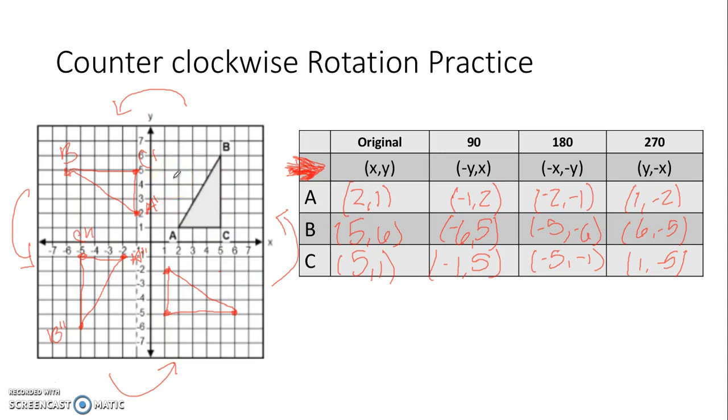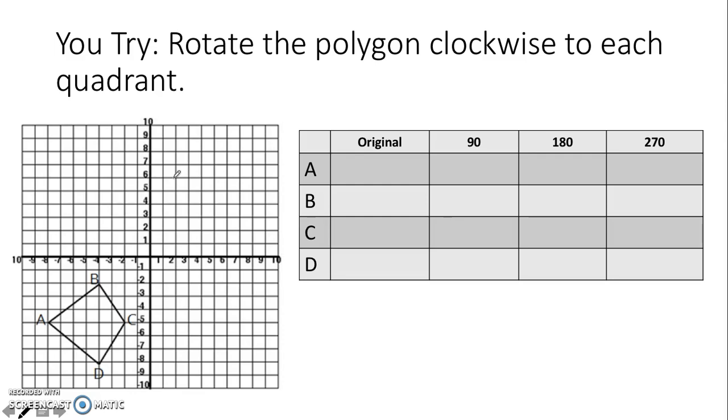Alright, so this is what we're going to be doing, and I know that this is going to be a little bit awkward at first, and we're just going to continue to practice, but for now, I would like you to try it on your own. Rotate the polygon clockwise to each quadrant. It has the original figure at quadrant 3, starting at the bottom there.